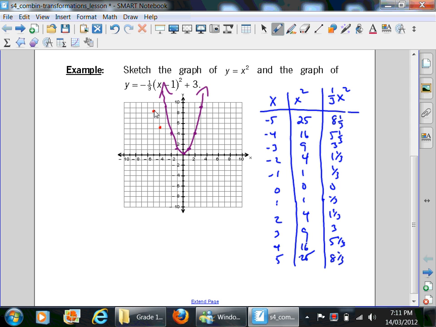Negative 3 and 3, negative 2 and 1 1/3, negative 1 and 1/3, 0, and of course it's symmetric, so it's going to be 1/3, 1 1/3, 3, 5 1/3, 8 1/3. So if we connect the dots, we're going to get something that looks like this.